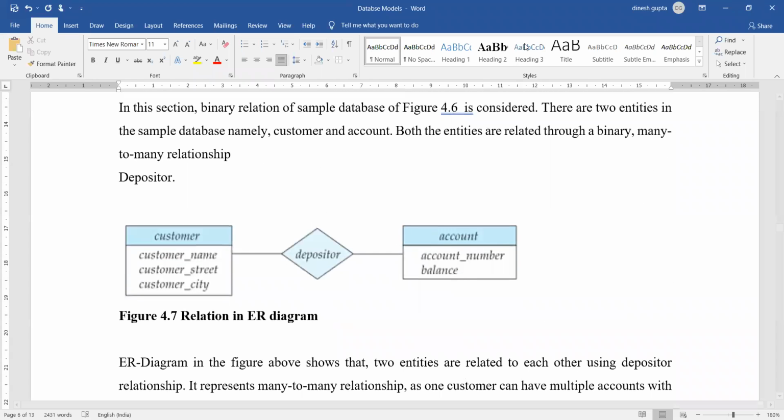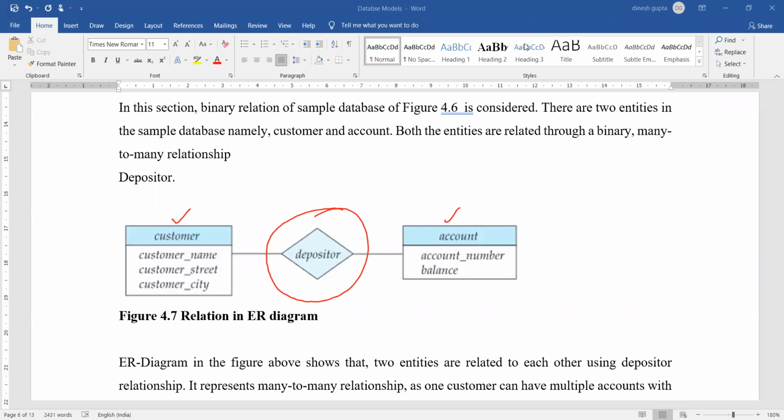Now let us consider an example. This is an example of an ER diagram. So what is this? This is an ER diagram wherein customer and account, they both are the entities and depositor is the relationship between the two entities.